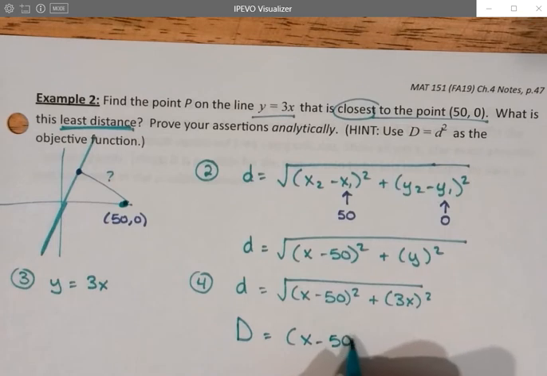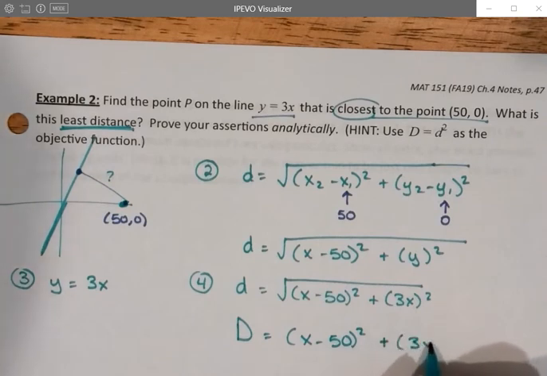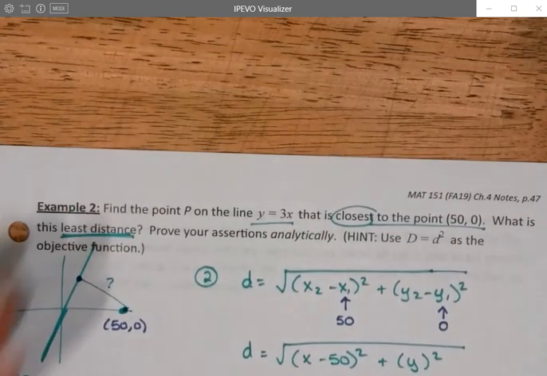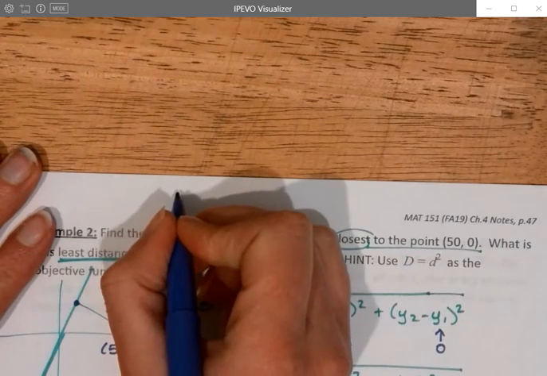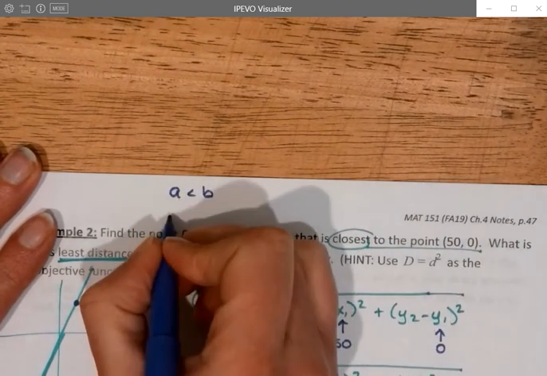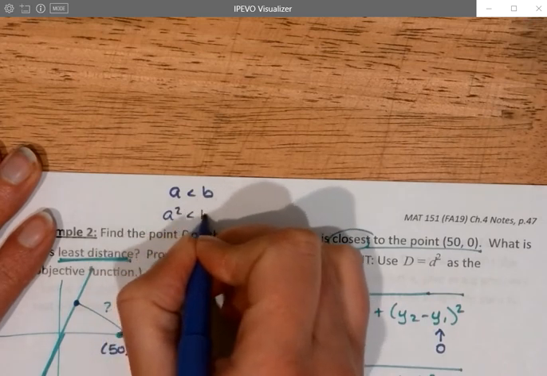Because that distance is always going to be positive, its square and its square root are going to have minimums at the same place because of the way the numbers line up. If you square a number that is less than another number, its square will still be less than the other number squared. Let me just write that down since that might be hard to visualize. If a is less than b, because they're both positive, I know that a squared is less than b squared.